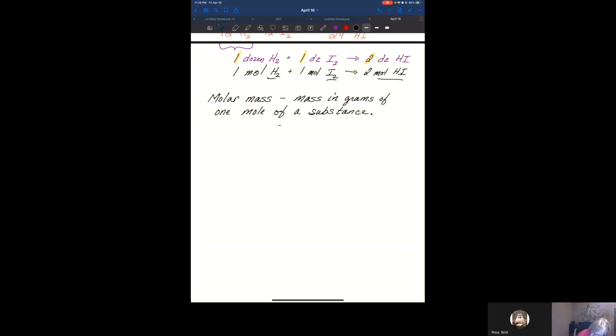Molar mass is numerically the same as an atomic mass.